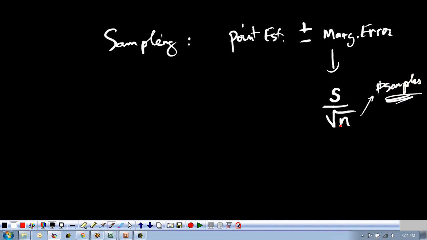Because it's a square root, to get this margin of error cut in half, you have to quadruple the sample size. That's the first thing.